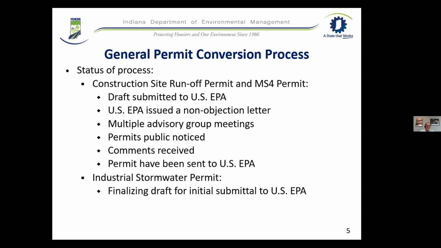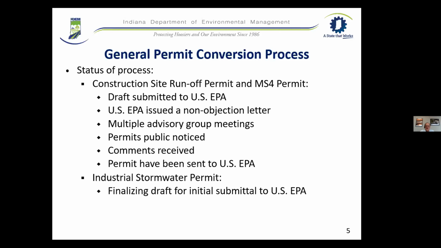The third part of this process is the industrial stormwater permit, which is where I'm going to focus today, on our current activities under Rule 6. We're working on the industrial stormwater permit right now. We've been working on it for a little over a year, looking at the multi-sector general permit from EPA.